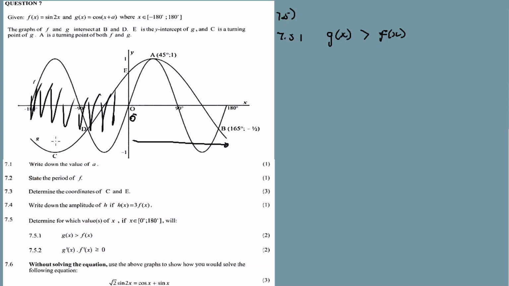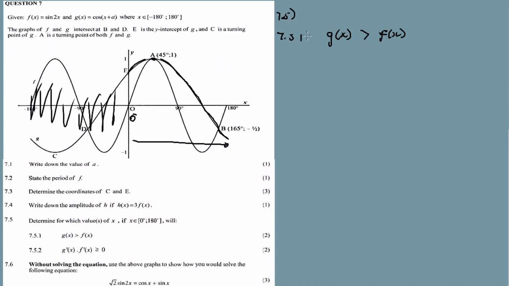Okay? So here is f, here is g. So we want g on top and f below. Remember in part a, what do they do? They intersect, meaning that they are both equal.